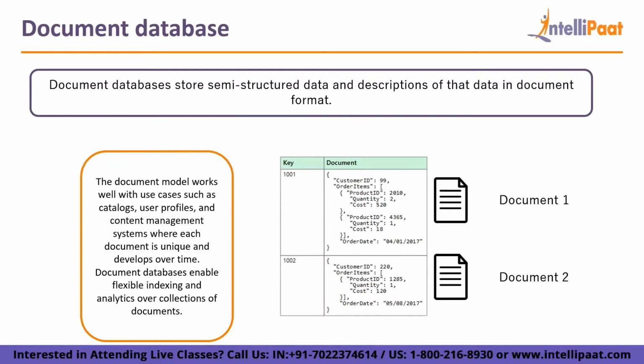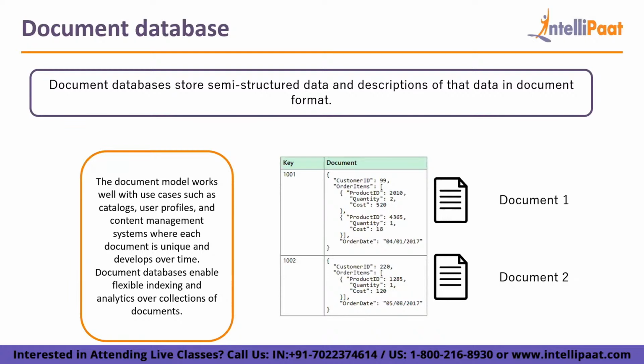But sometimes what will happen is, when you're gathering the data about employees from various systems, there is a possibility that the data you get from the various systems will not be the same, right? From one system, the data might have only a few fields, and the data you get for the same entity from a different system might have some additional fields.